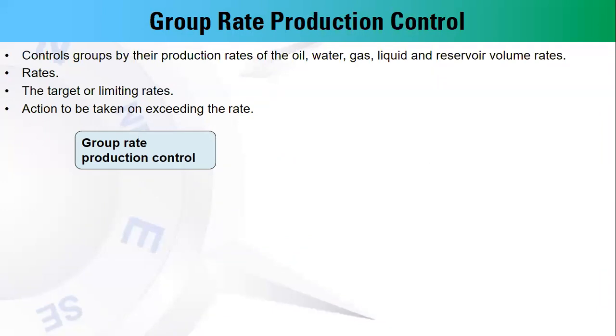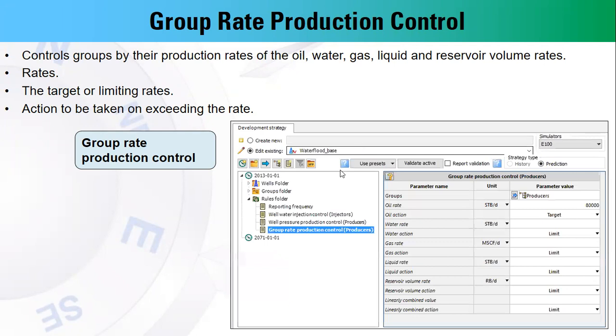The second important rule is group rate production control. This rule in reservoir simulation is used to control a group of wells, or the production wells, and assign the corresponding production control. As you can see, this is group rate production control, as highlighted right here.